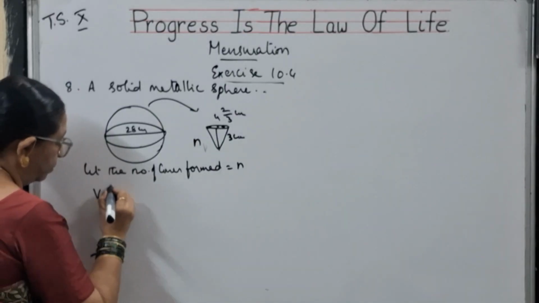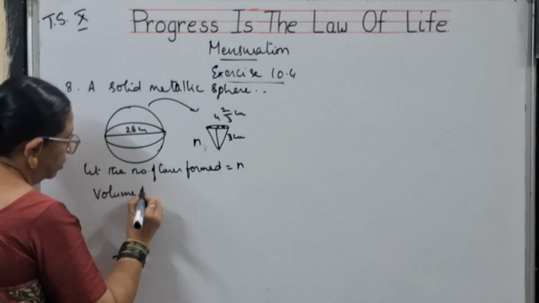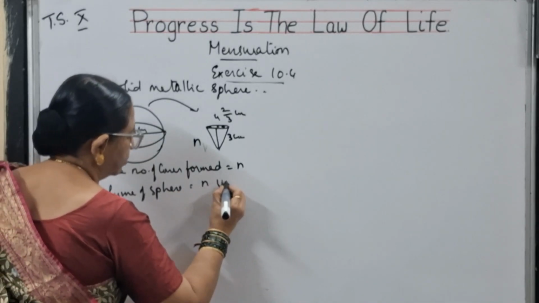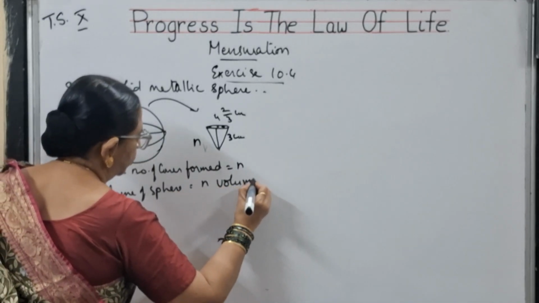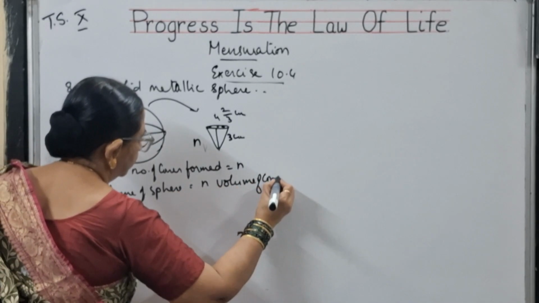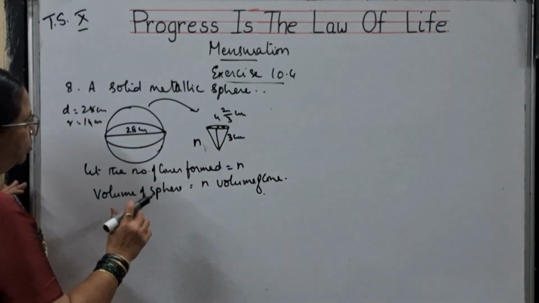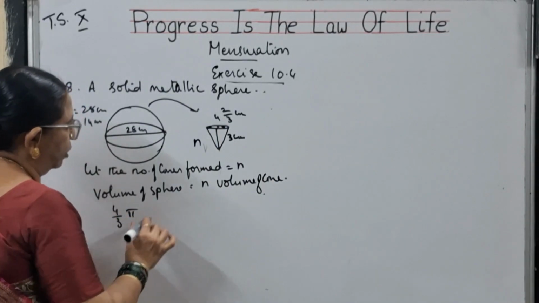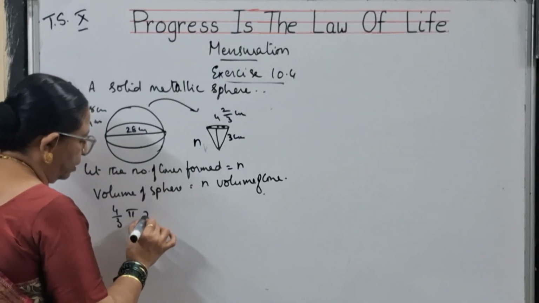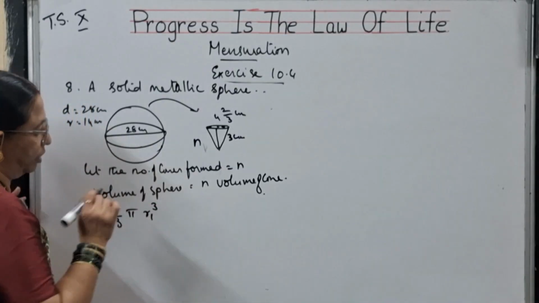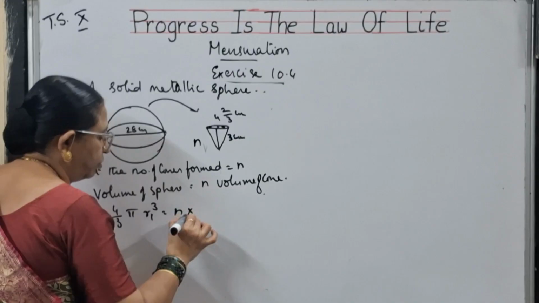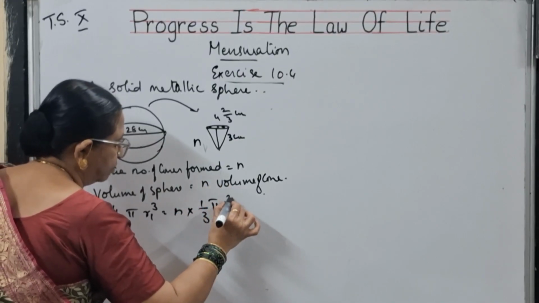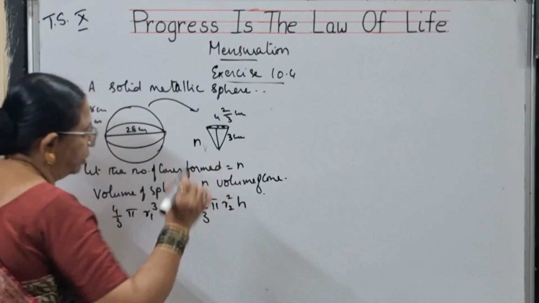Now what are we saying here? Volume of sphere is equal to n times volume of cone. So the volume of sphere is 4 by 3 pi r1 cube, equal to n into the volume of cone, 1/3 pi r2 square h.